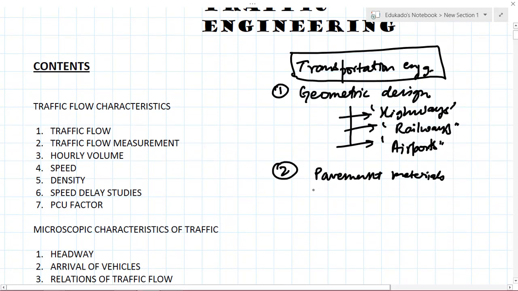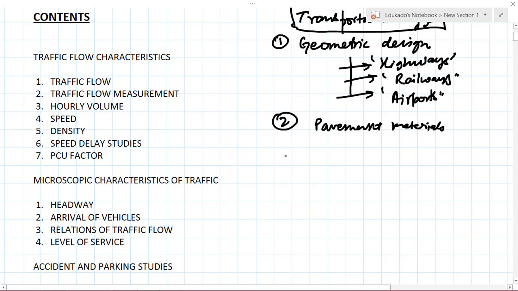You'll understand those aspects also. And the third thing is what I call traffic engineering. How the traffic is handled, what the main characteristics and parameters used to understand the traffic are. Included in this there are also some traffic regulations.